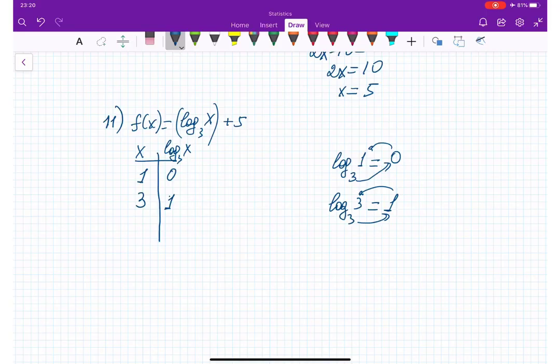Let's take negative 1. No, negative 1 is not going to work. Let me see. x is equal to.